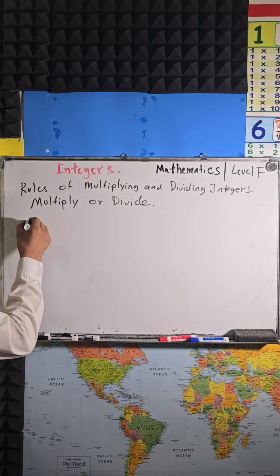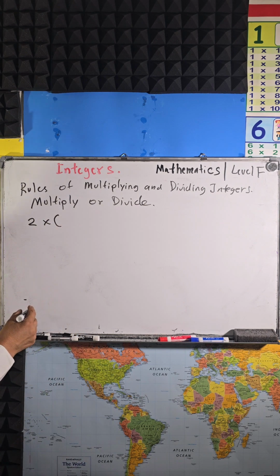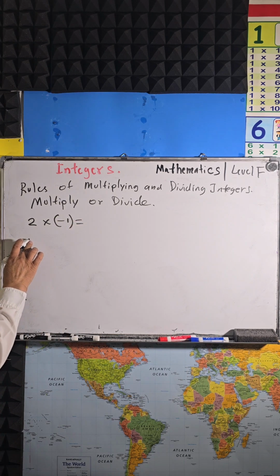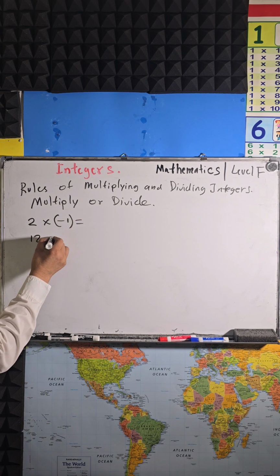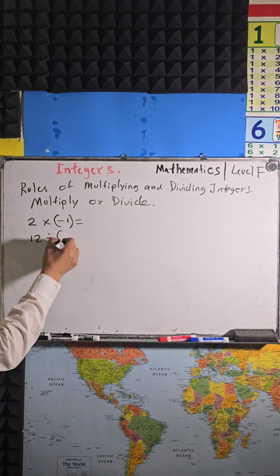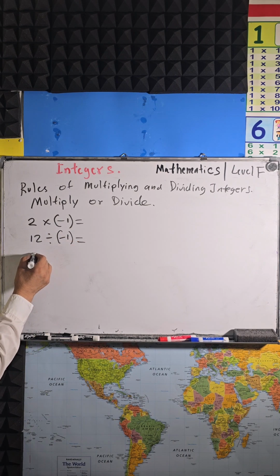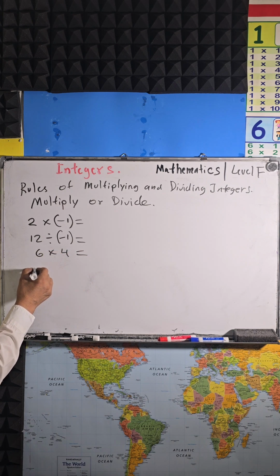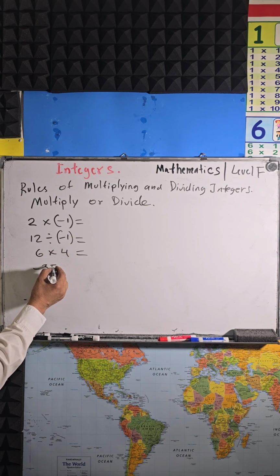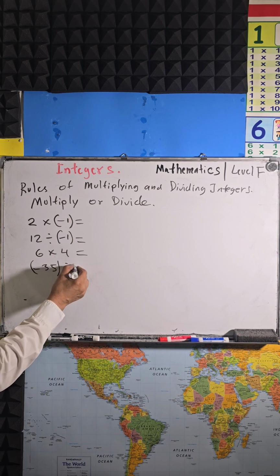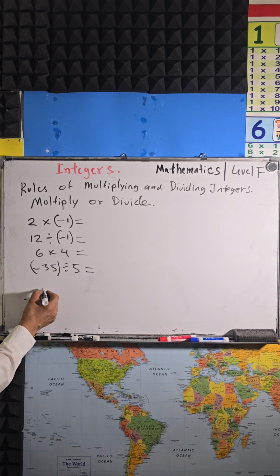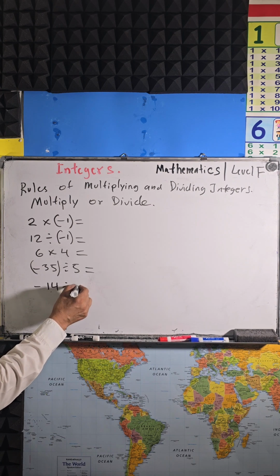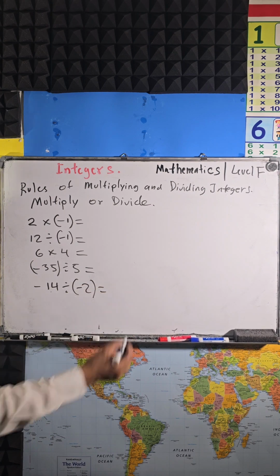Let's write a couple of problems. 2 times negative 1 equals, I will write the exercise right here, 12 divided by negative 1. And then let's write 6 times 4 equals, negative 35 divided by 5. And then negative 14 divided by negative 2. Okay.